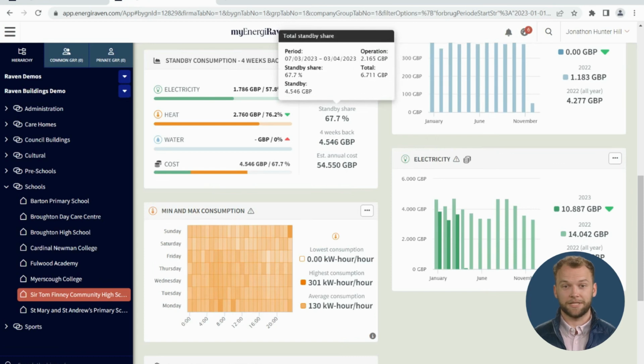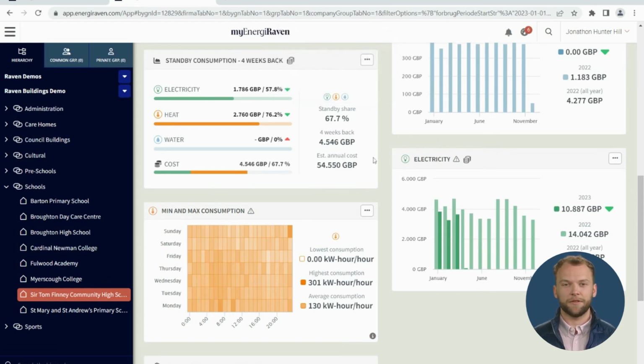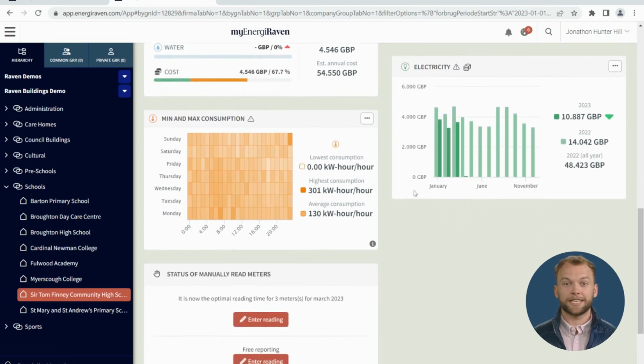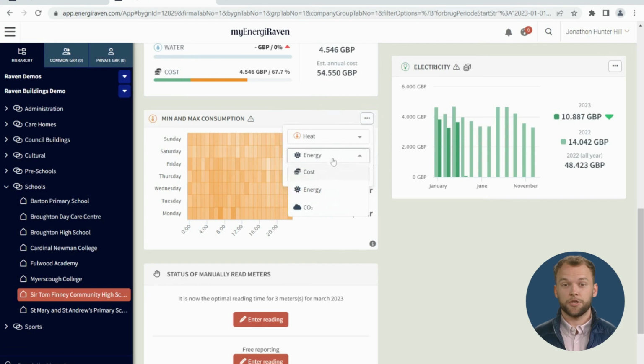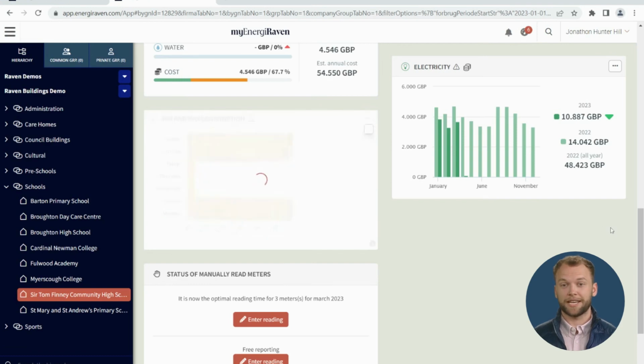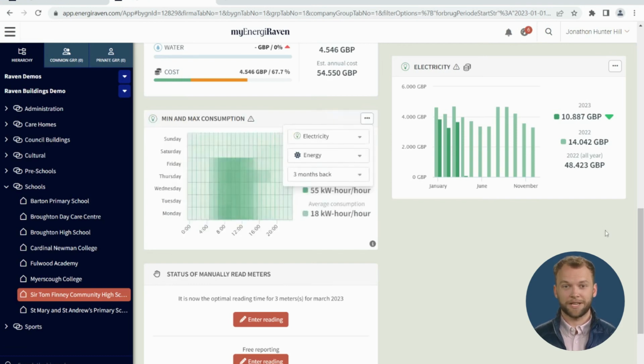Whilst you might expect a small amount of heat and electricity consumption out of hours, there should never be any water consumed. Min and max consumption shows us exactly how much energy is being used throughout the day and how much this costs us. Using this map, we can very quickly determine where our energy is being wasted.